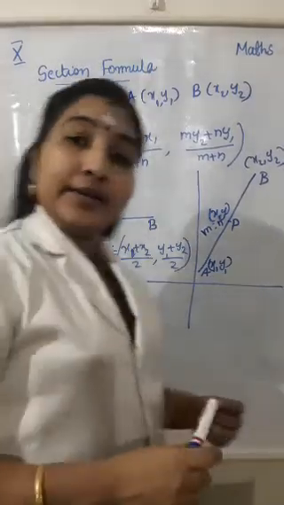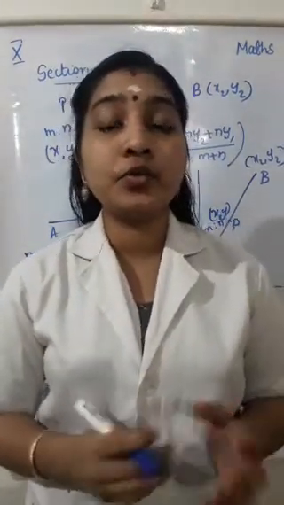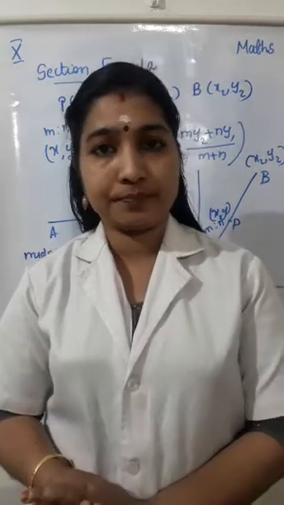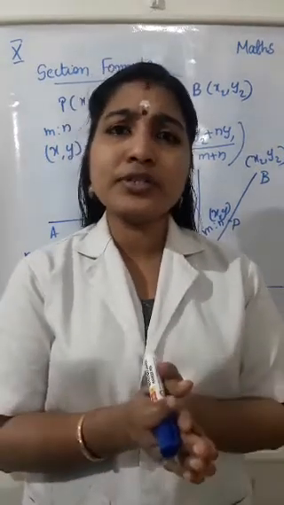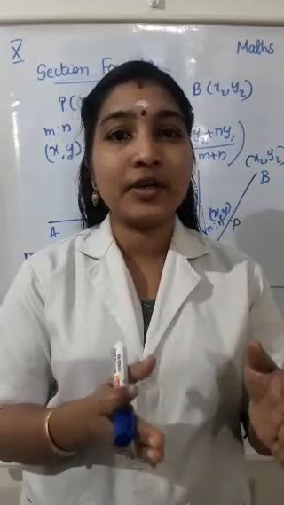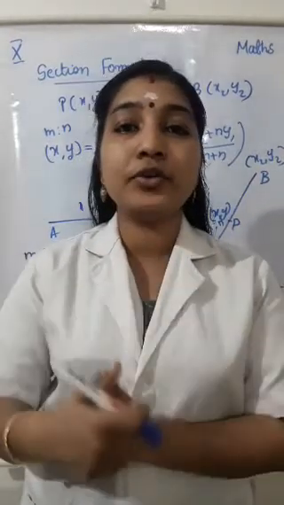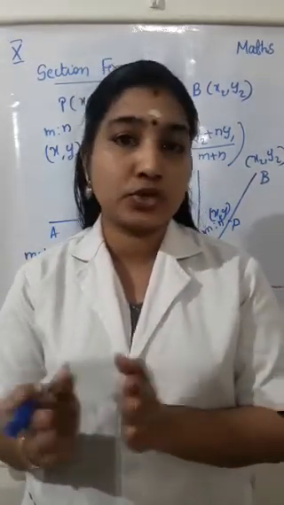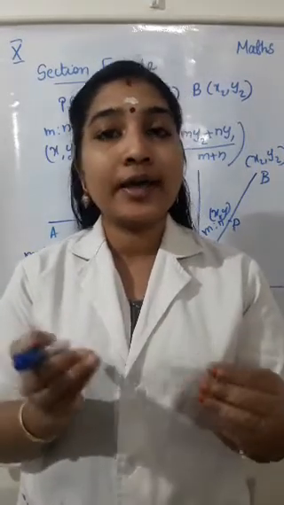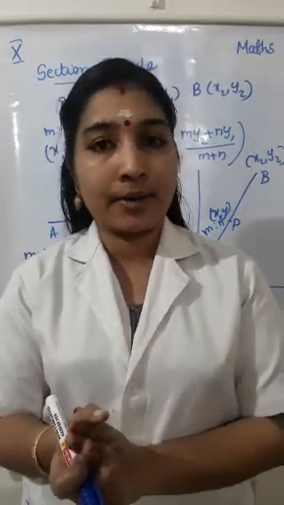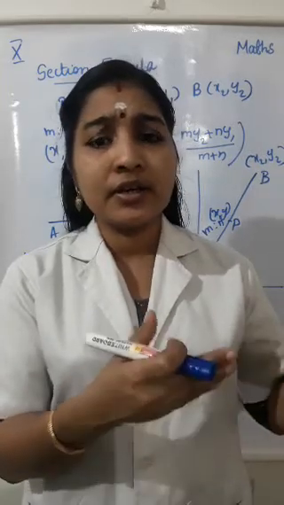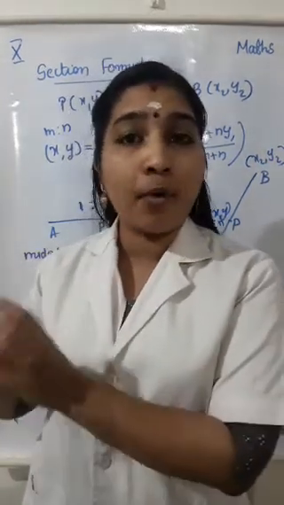While finding the ratio, it is more convenient to take the ratio as k:1 instead of m:n. In some questions the ratio is given and we need to find the point.